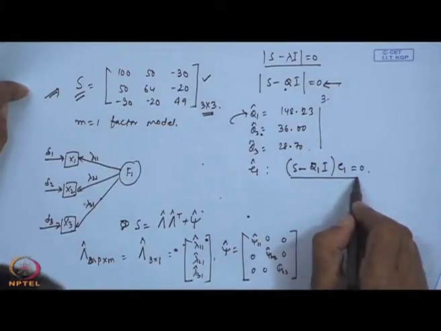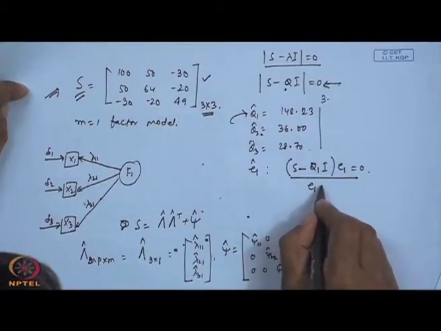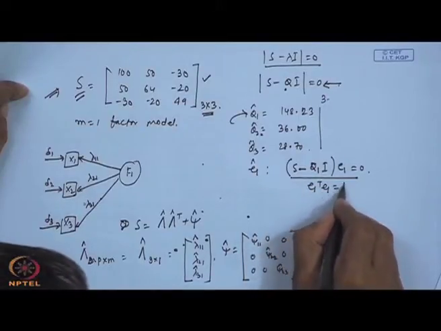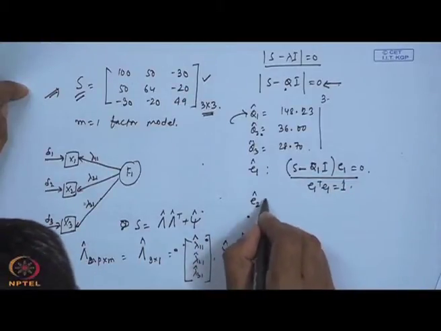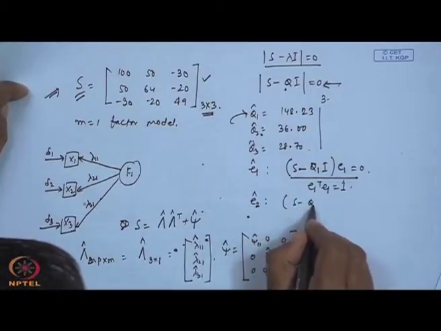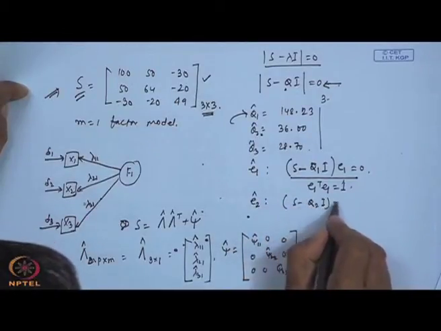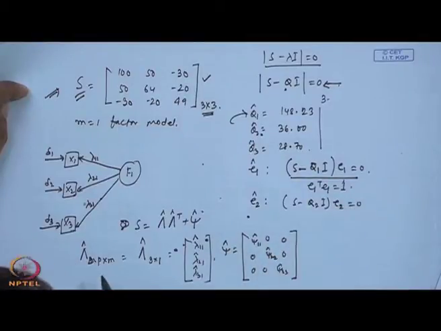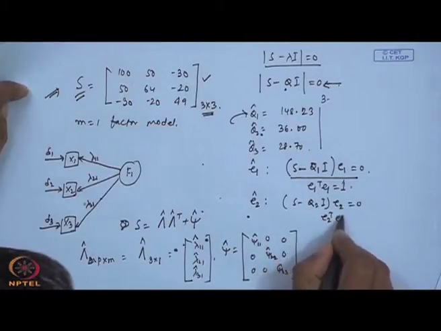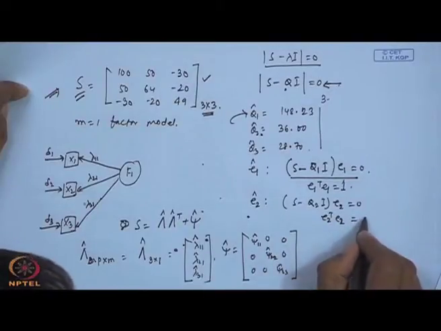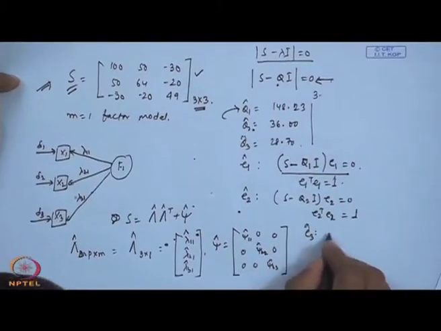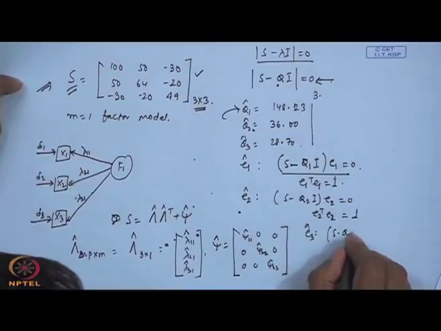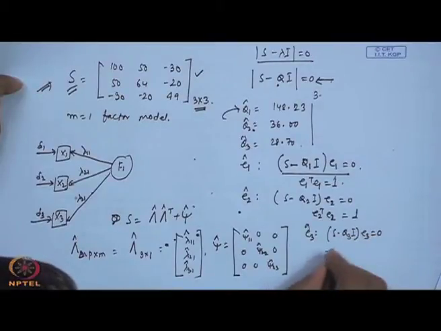You put this subject to E1 transpose E1 equal to 1. Similarly for the second eigenvector, you find S minus Q2 I times E2 equal to 0, subject to E2 transpose E2 equal to 1, and similarly for E3 cap, S minus Q3 I times E3 equal to 0, E3 transpose E3 equal to 1.